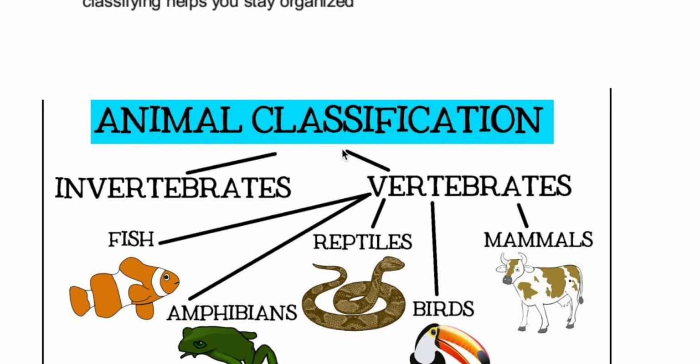And so science created the classification of animals, wherein they first divided them by their backbone, which are the invertebrates and the vertebrates. And then from there, they also added a few more separations, such as mammals, birds, reptiles, amphibians, and fish.